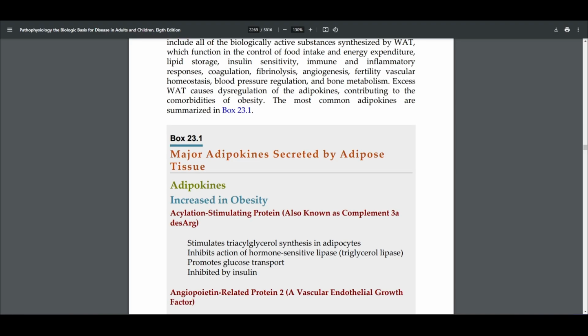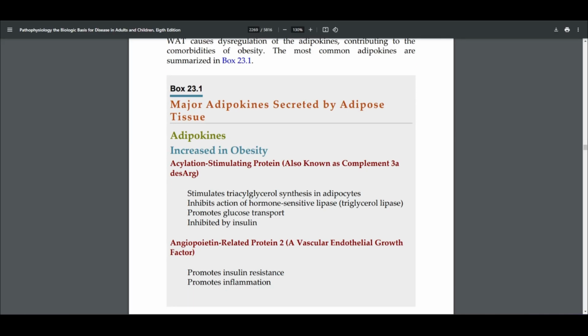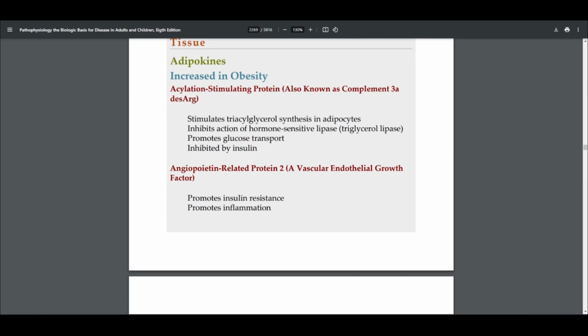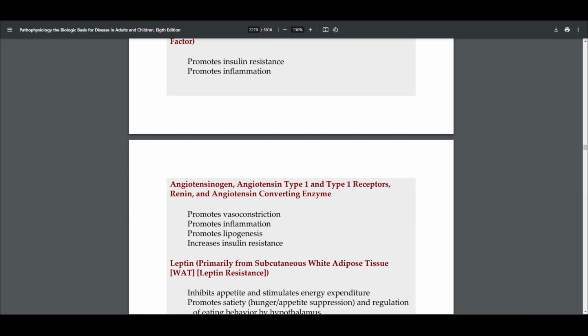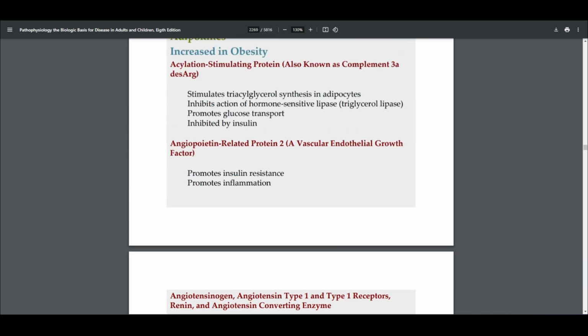Excess fat causes dysregulation of the adipokines, which contributes to the comorbidities of obesity, and the most common adipokines are summarized here in this box. So we'll jump right in and look at that.